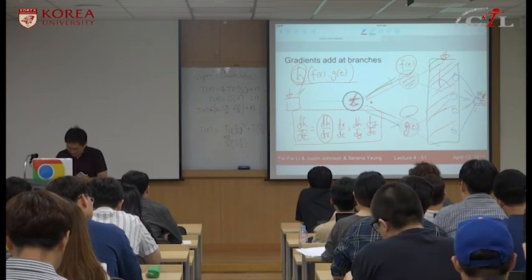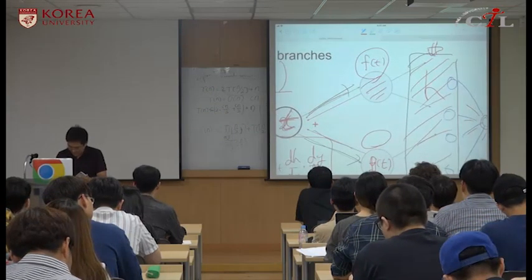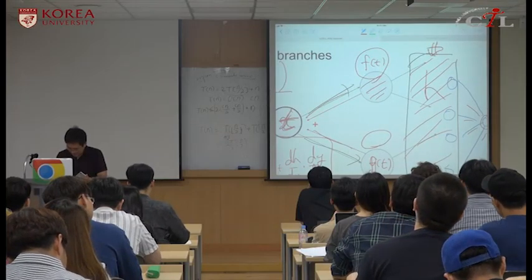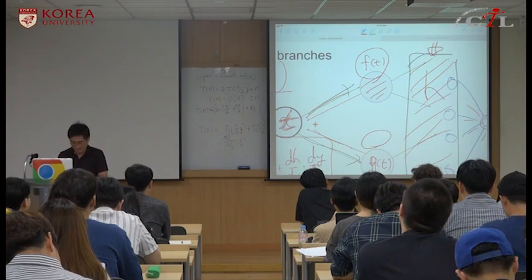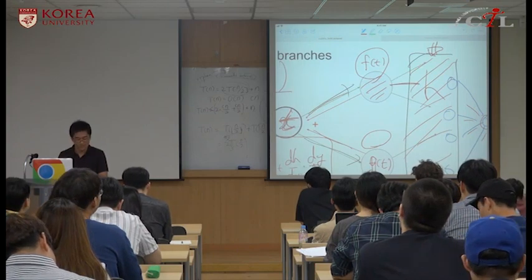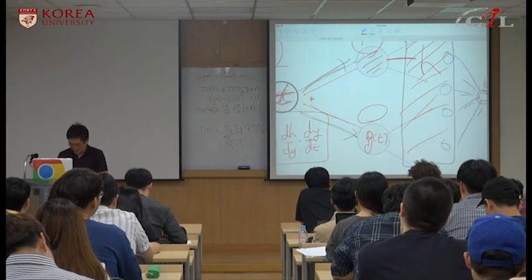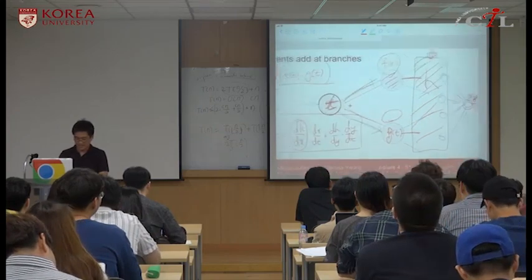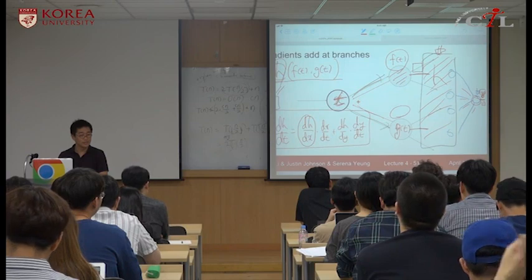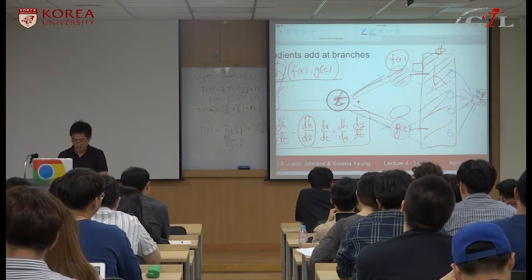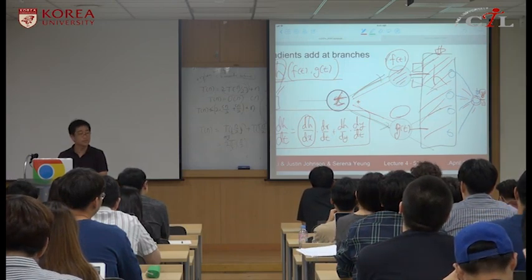More exactly, this is the node, and even though it can branch out, the branching is done inside of it, and we can think of it as this guy. The forward propagation value will be placed over here, and the backward propagation value corresponding to this node will be placed over here.